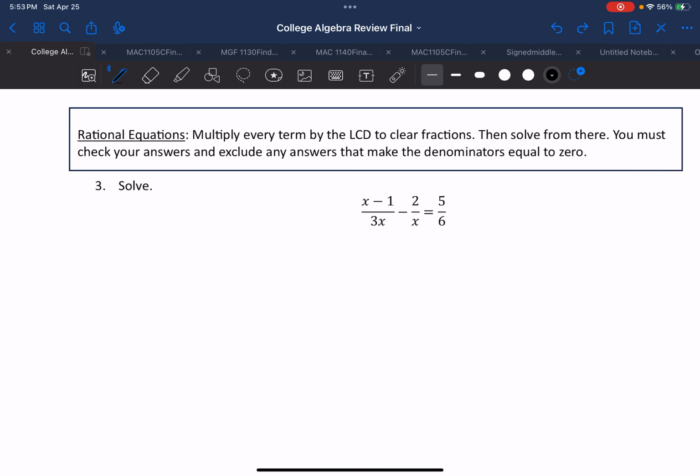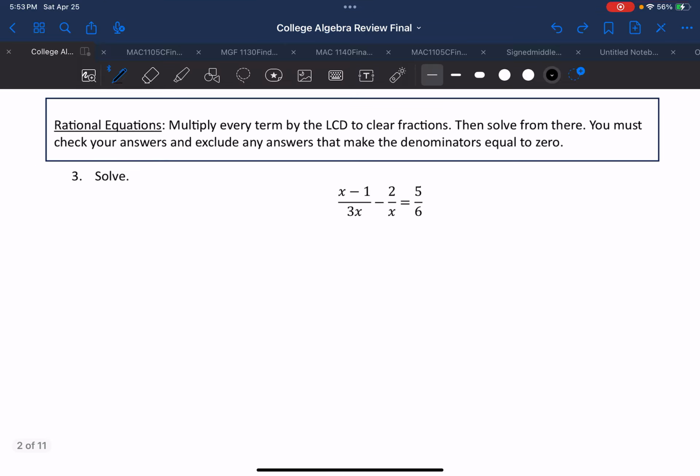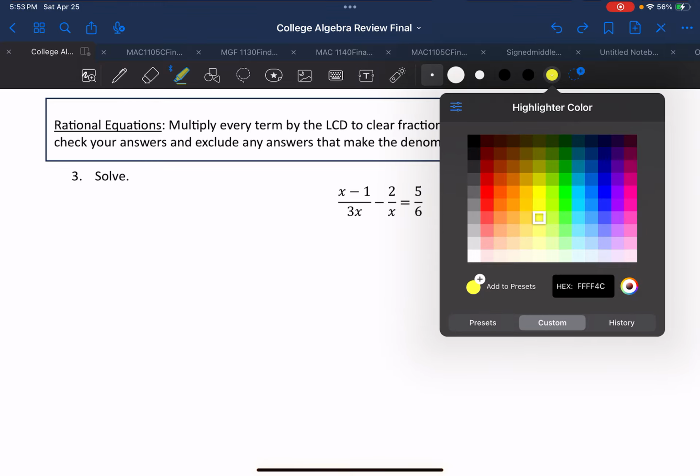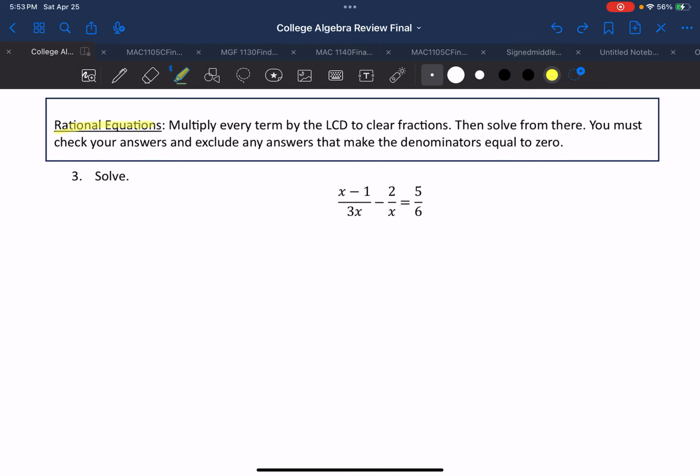Okay, the next type of equation that you will need to know how to solve is a rational equation. So I gave you a reminder here of how to start solving this type of equation. You need to clear the fractions first by multiplying every term by the LCD, the least common denominator.